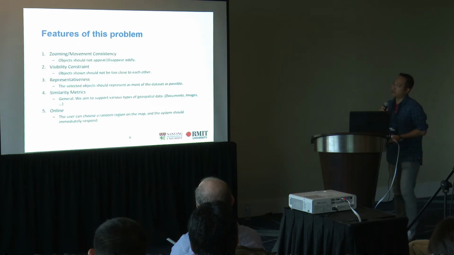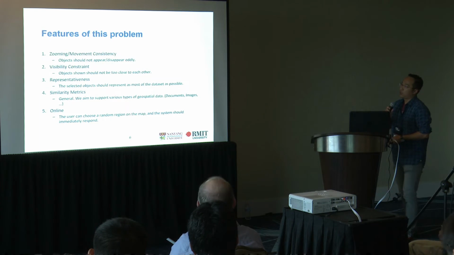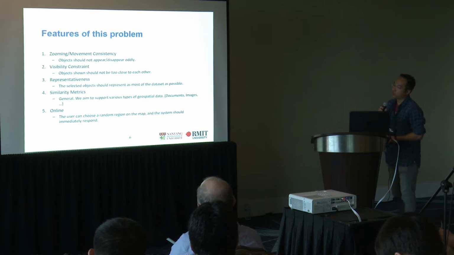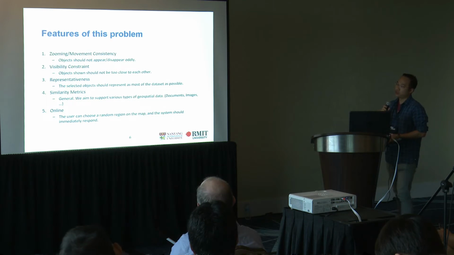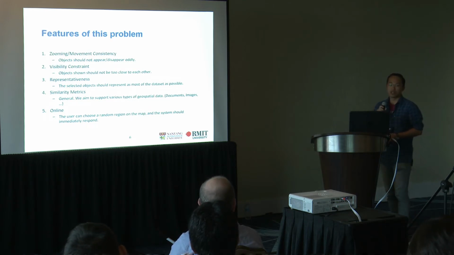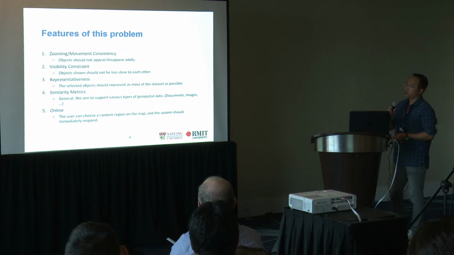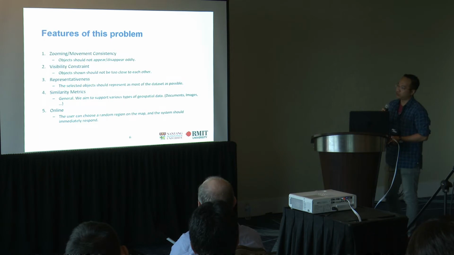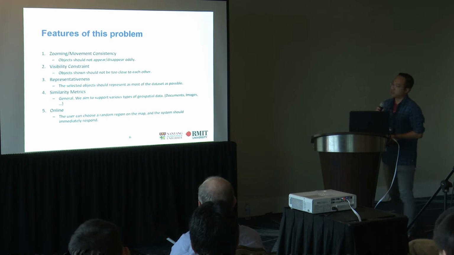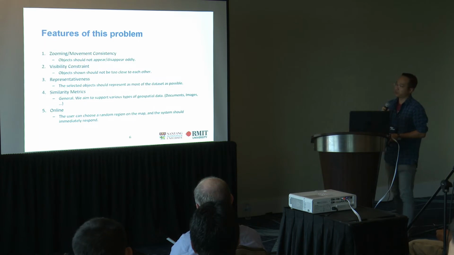So our work has the following features. We first consider zooming and movement consistency, and we also consider the visibility constraint. It means that the results shown on the map should not be too close to each other. We want the results to be representative, meaning the results should represent the whole data set as much as possible.